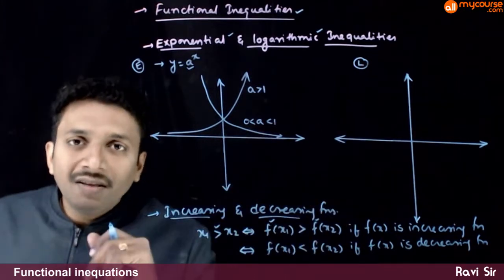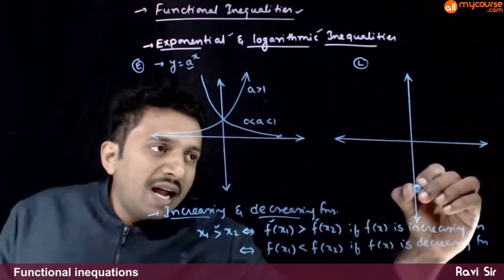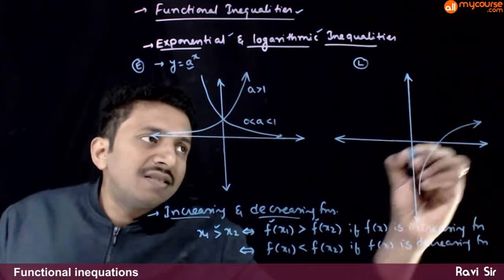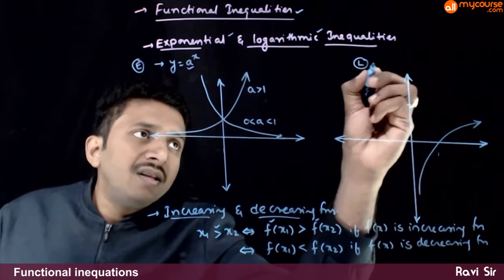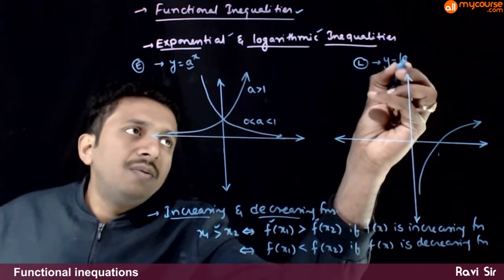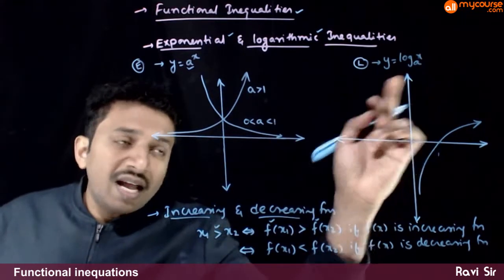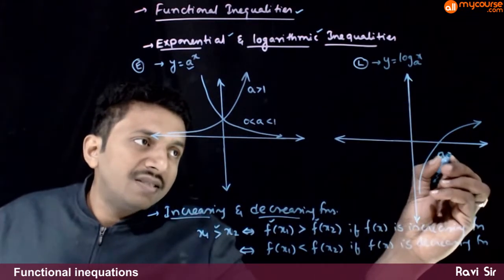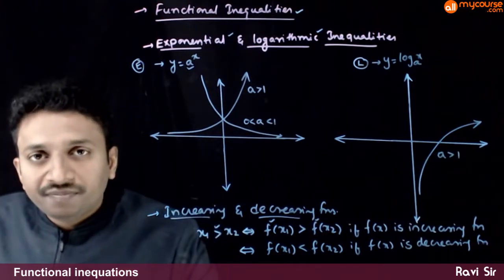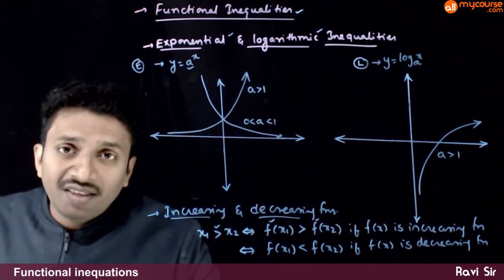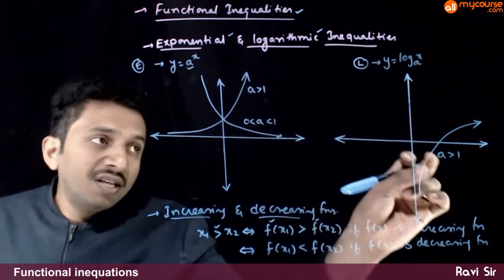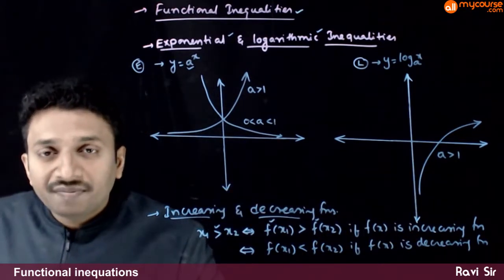Next, similarly, the logarithmic function. If the function is y is equal to log x to the base a, the graph looks like this if the base is greater than 1. That is, if the base is greater than 1, the logarithmic function is increasing.